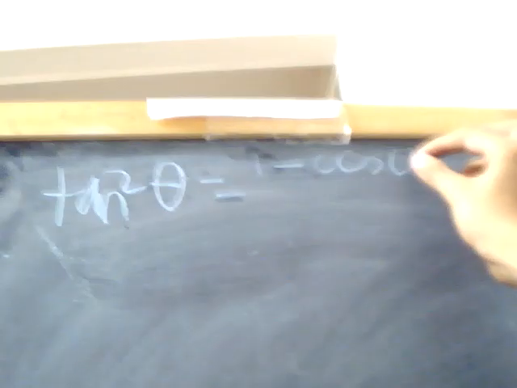For example, let's take tangent squared of theta is equal to 1 minus cosine squared of theta, over cosine squared of theta.